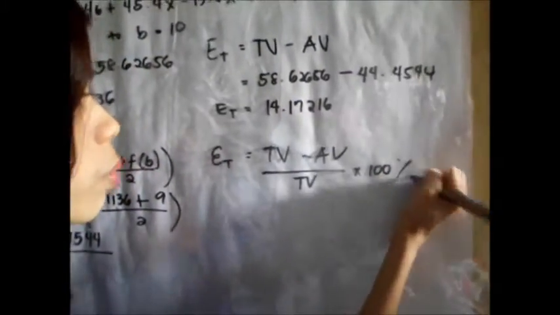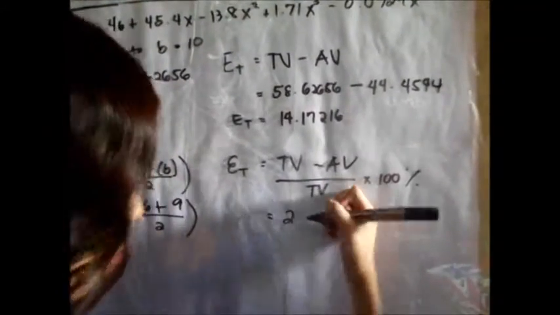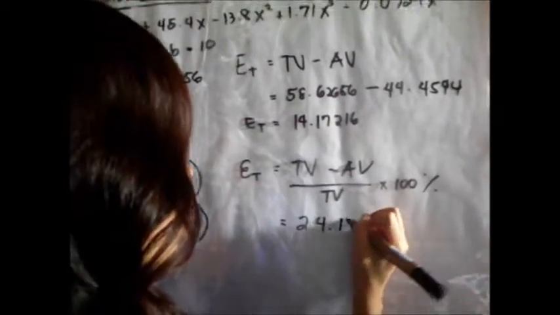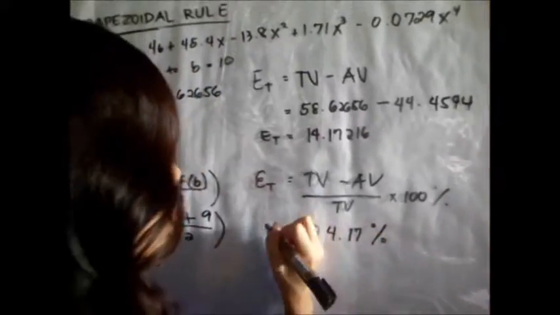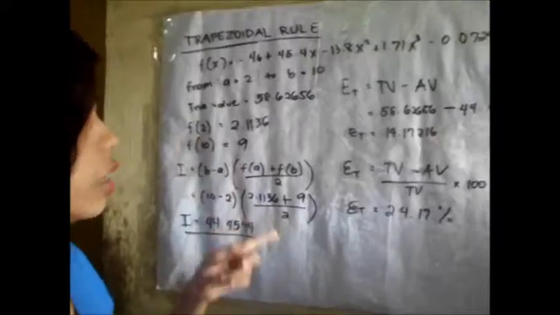We got 24.17%. This means that it is close enough to the true value that we have.